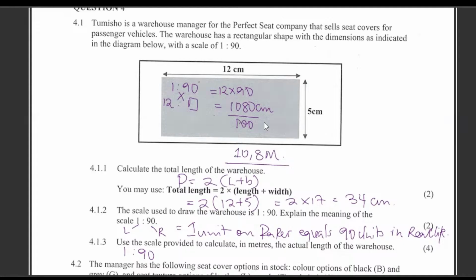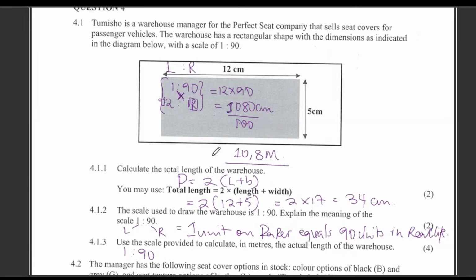The trick is here. Write down the scale, substitute correctly, then continue from there. The reason why we use this method is to find out whether I am going to divide or multiply. Take note, measurements on paper have to be on the left, and measurements in real life have to be on the right-hand side. So we are looking for the real-life measurement. If it's 12 on paper, what will it be in real life? This is what we end up having.